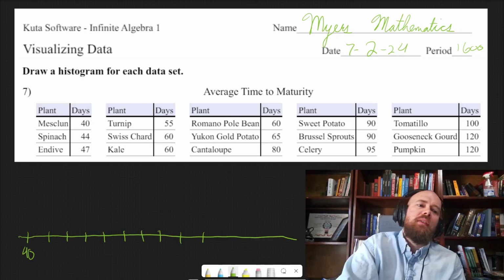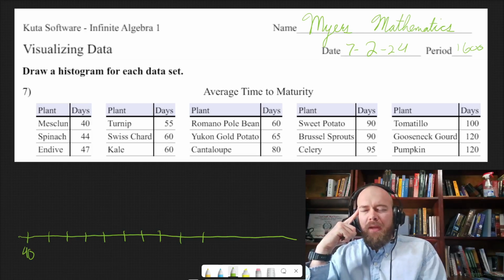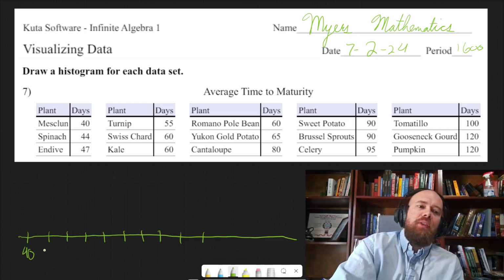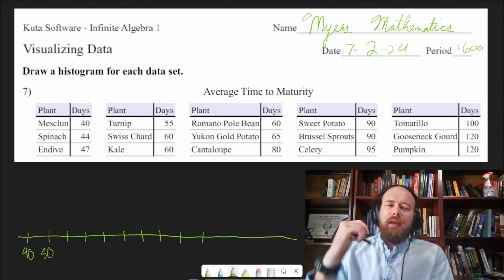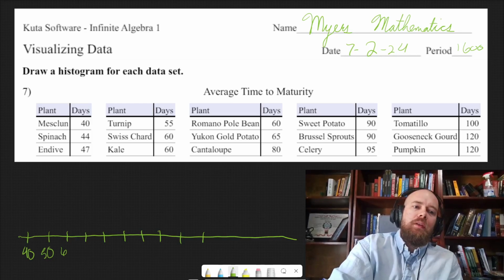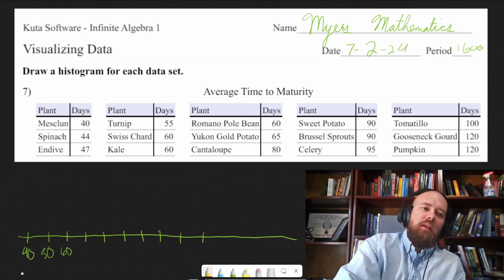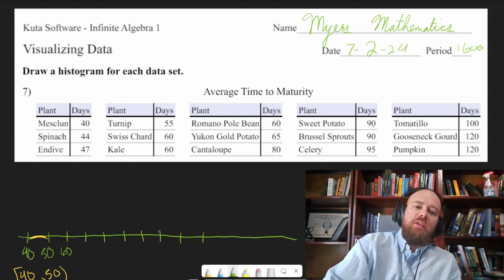Actually, I think that is going to be needed, because if you're going to include 40, then you would have to say everything going from 40 to 50, but you can't include 50 twice, right? So this range from 40 to 50 includes 40, but not 50. So we actually do need to go this far.